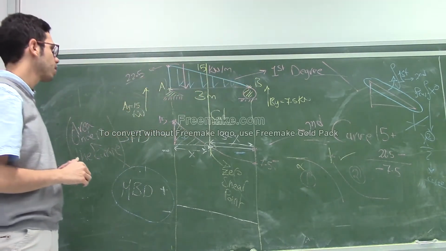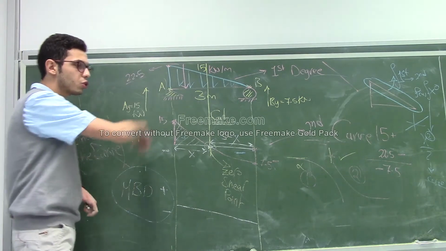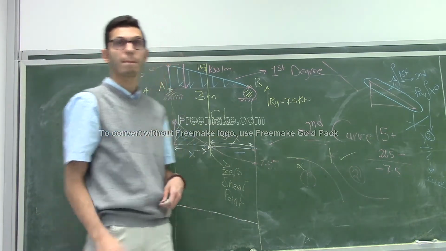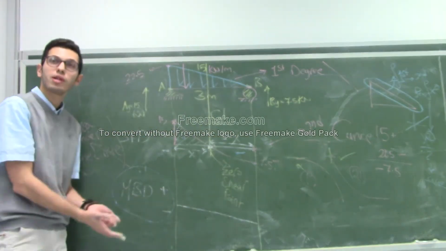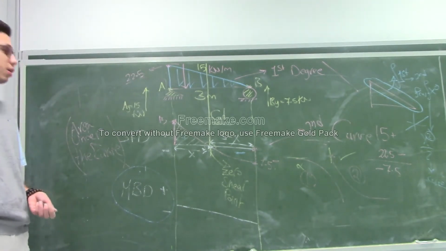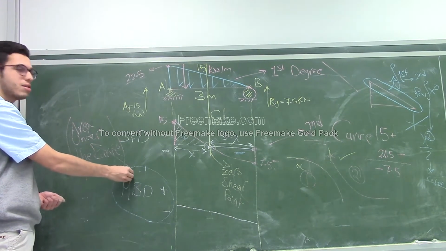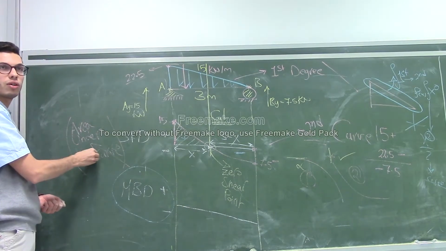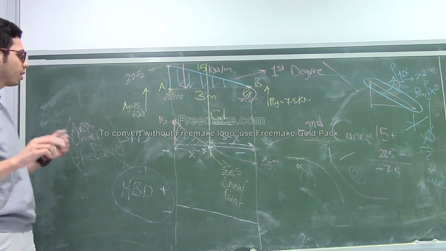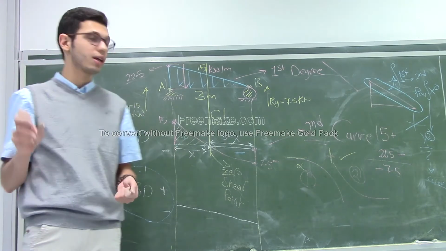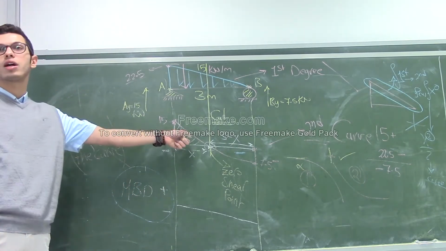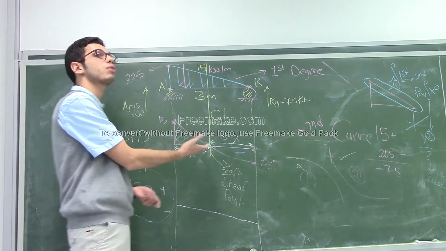After we find the reactions, we draw the shear diagram. To draw the bending moment diagram, we should remember this concept: the bending moment diagram is the area under the curve. To be more accurate, it's the area under the shear curve. This is the curve that we get.